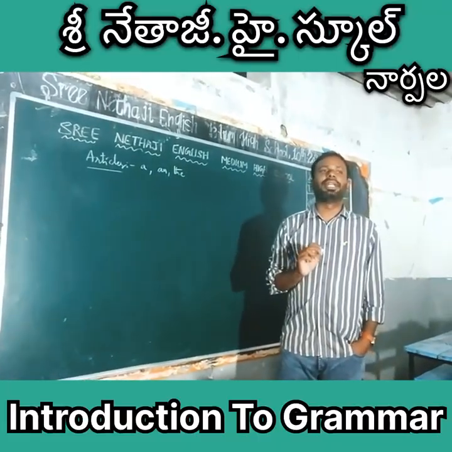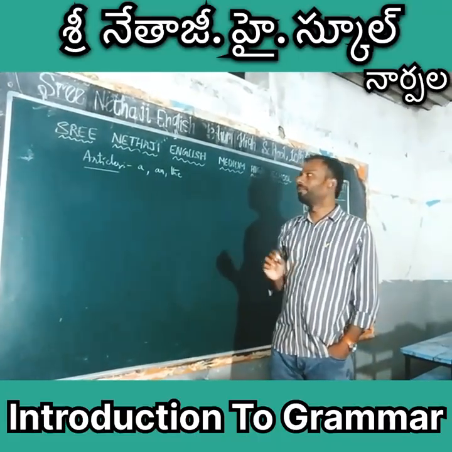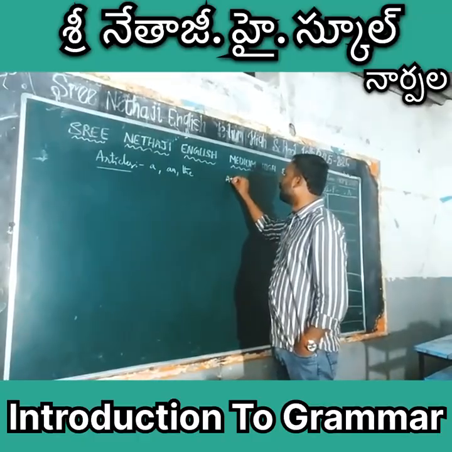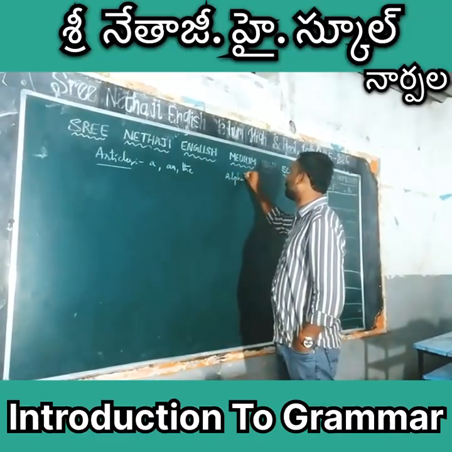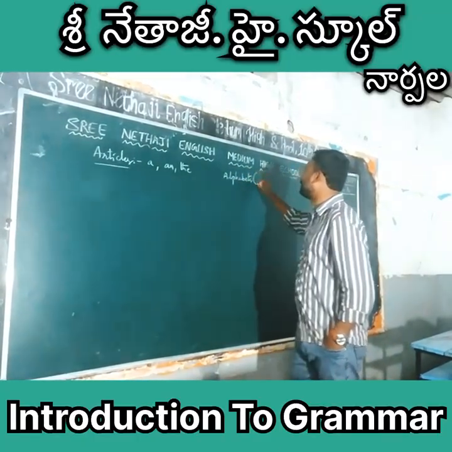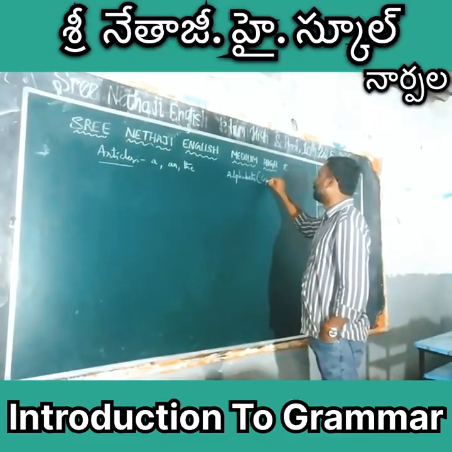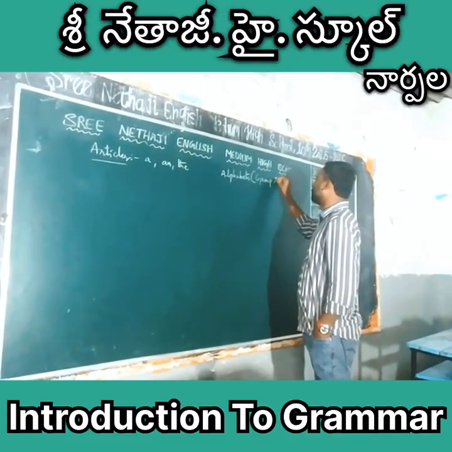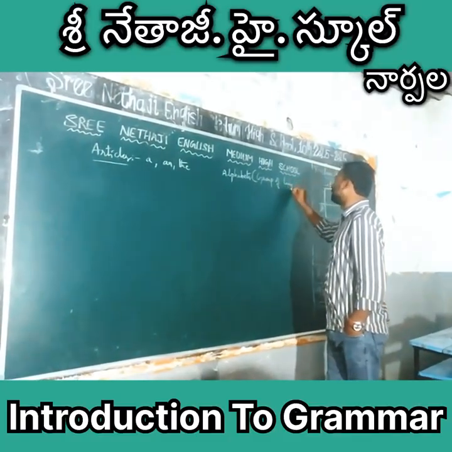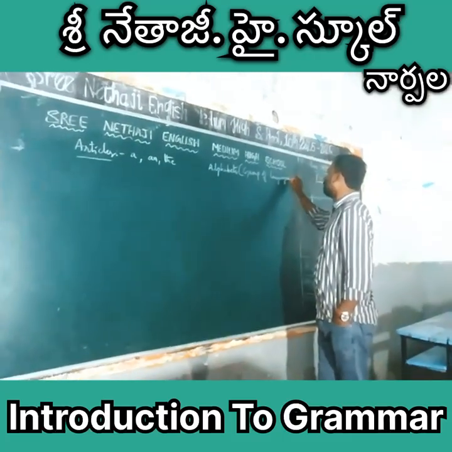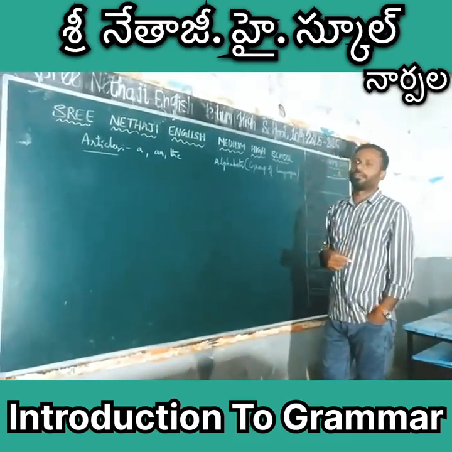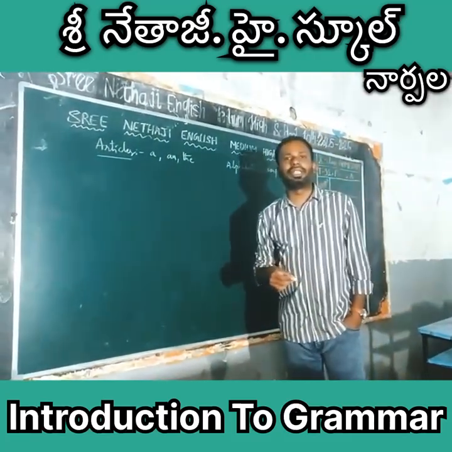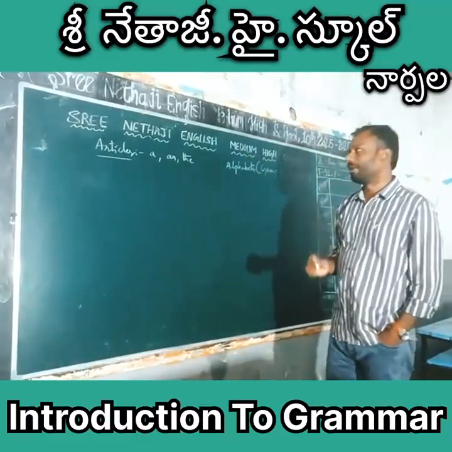They are simply alphabet. Alphabets means there is another meaning. Alphabets represents group of languages. Alphabet means 26 letters in English literature, right?